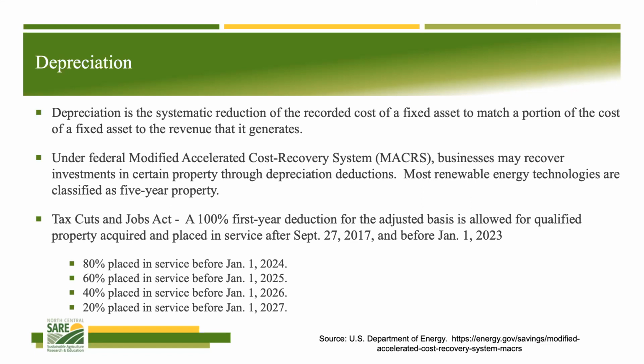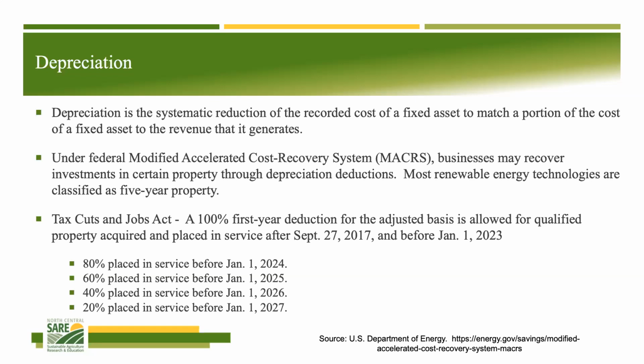When we think about PV solar projects, we use the modified accelerated cost recovery system, or MACRS, over a 5-year schedule. One of the things that I want to point out, and sometimes we talk about it on the previous slides with the investment tax credit, is that the ITC program, which is currently at 26%, impacts depreciation as we look at PV solar.